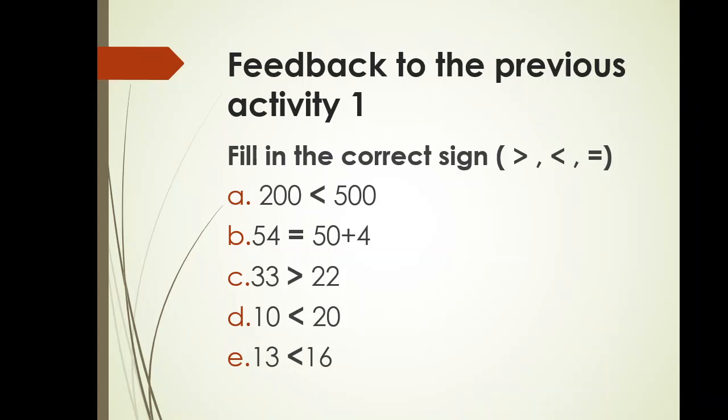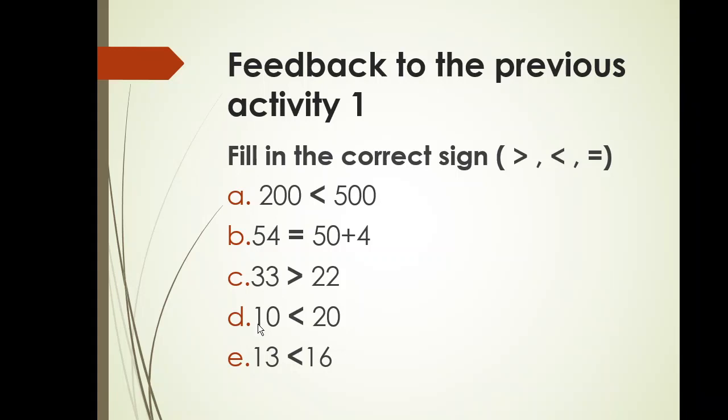C, we have 33 and then we have 22. 33 is a bigger number here, so the mouth of the sign must be facing 33, and the tip must be facing 22 because it's a smaller number. So we read as 33 is greater than 22.